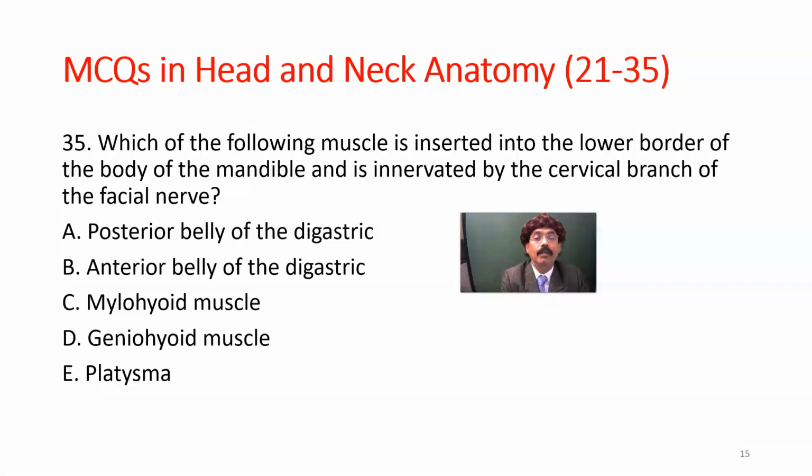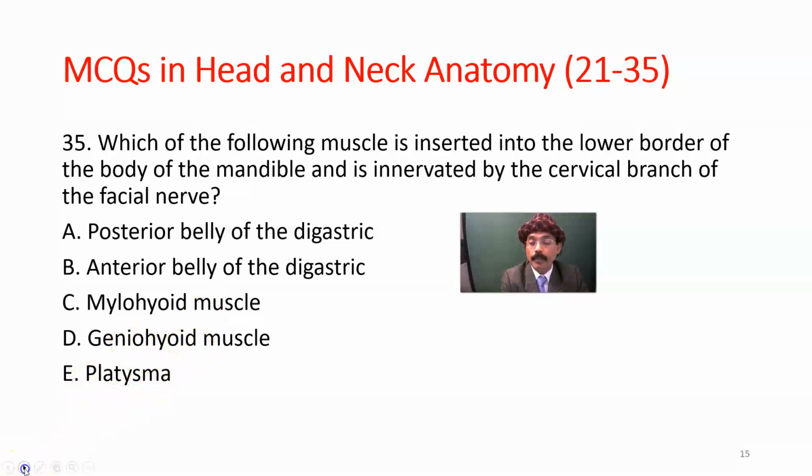And that is the anterior belly of the digastric from the digastric fossa, innervated by the mandibular nerve, not by the facial nerve. Okay, but it does not insert into the lower border of the body of the mandible. The mylohyoid muscle attaches to the mylohyoid line, the geniohyoid muscle to the genial tubercle. So the answer should be platysma.